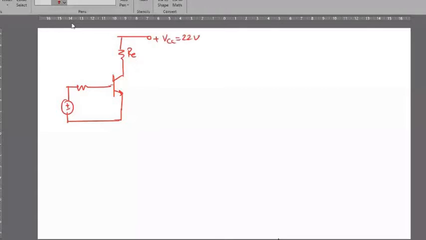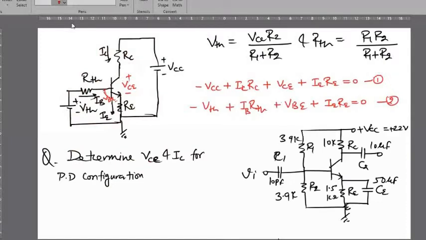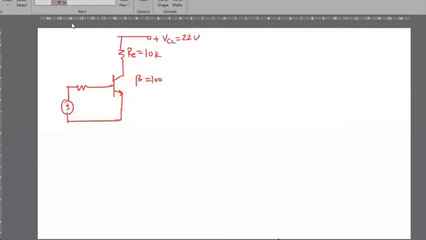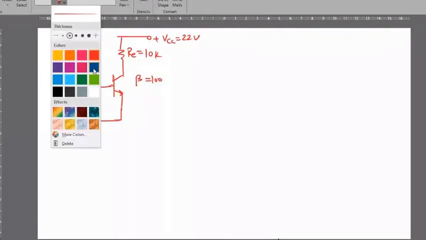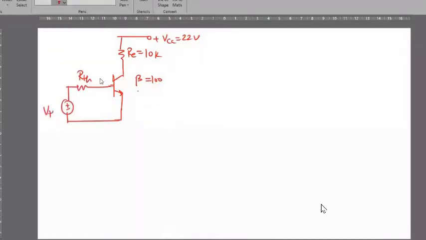And beta is given as 100. Okay, and this is RTH. This is VTH.